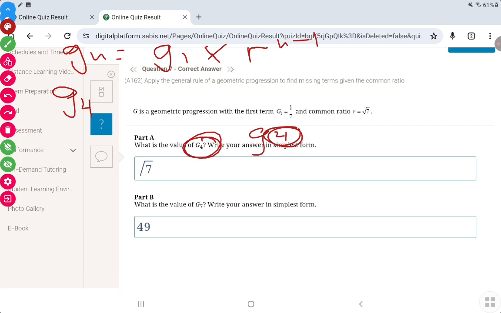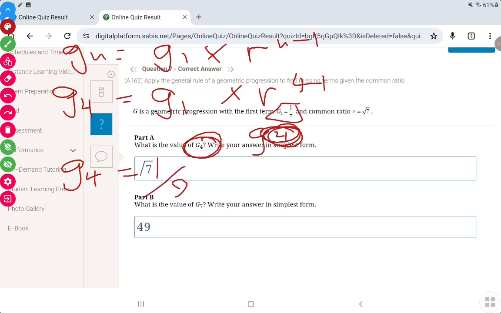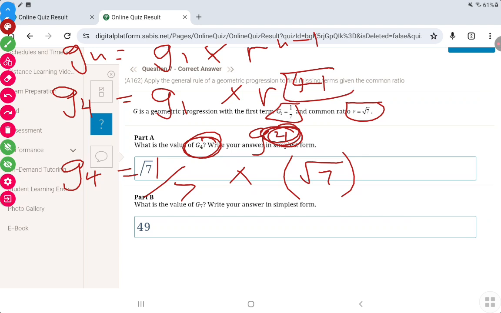So G4 is equal to G1, the first term, times R to the power of 4 minus 1. G1 is the first term, which is 1 over 7, times R, which is radical 7, to the power of 4 minus 1. 4 minus 1 is 3, so radical 7 to the power of 3.